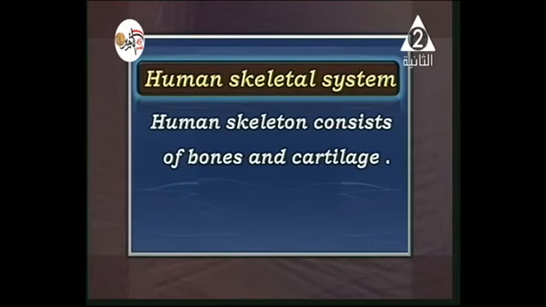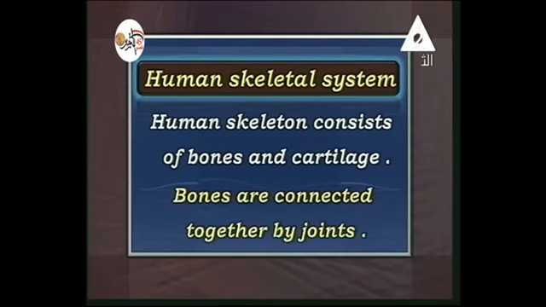Most of your body skeleton consists of bones, and some parts are made up of cartilage. Bones are also connected together by joints. Joints: simply, where any two bones meet each other, okay? The space between them is called a joint.